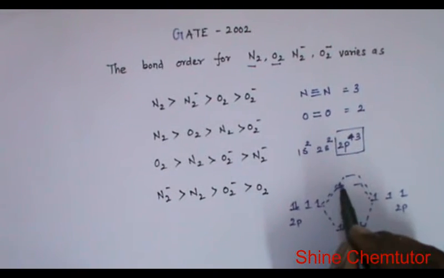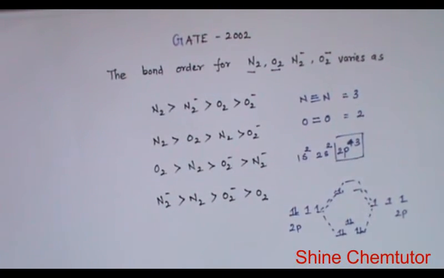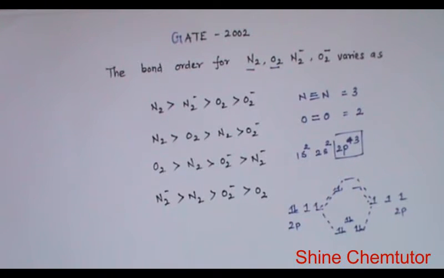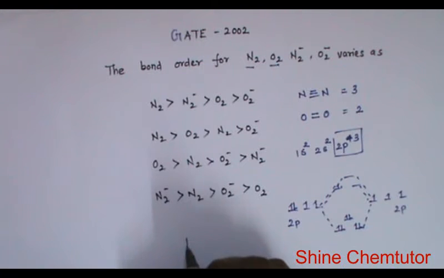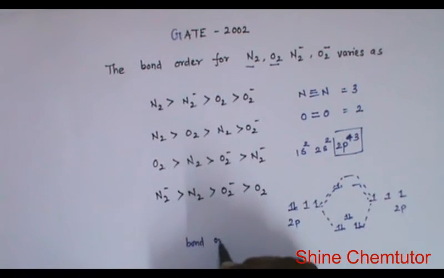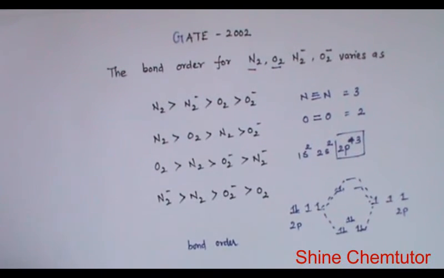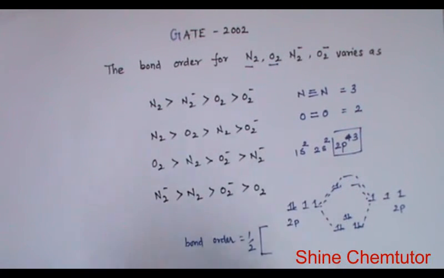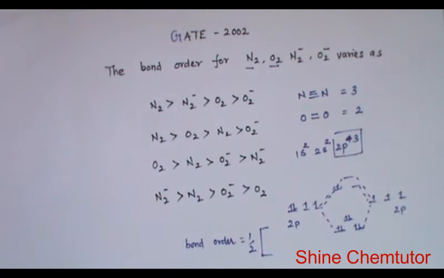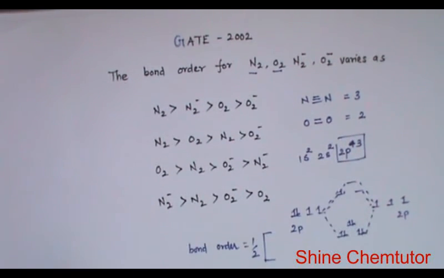Since there is an unpaired electron, it will be paramagnetic. So that is the first point you can see. Second one, the bond order you can calculate: 1 by 2 into number of bonding minus number of anti-bonding electrons. For 1s and 2s it will get cancelled.